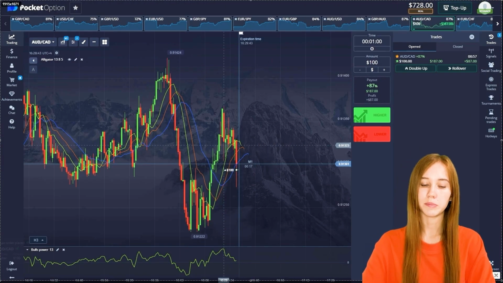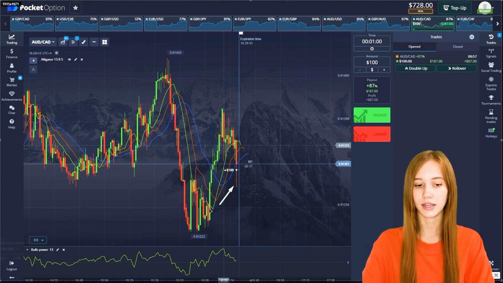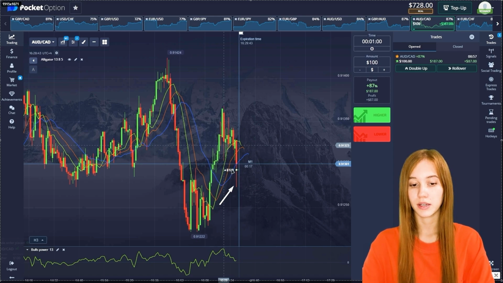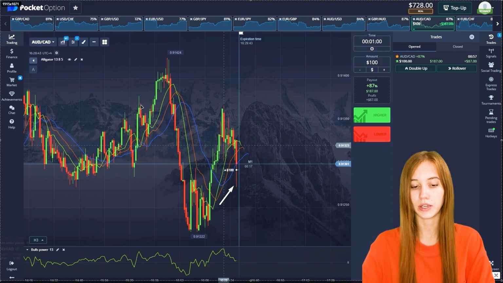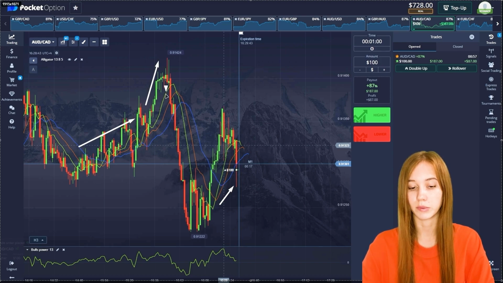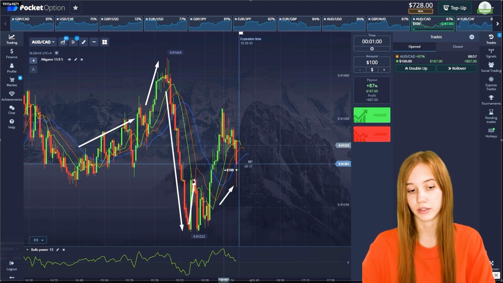At the moment of opening, we see a shadow below. This indicates that the market will roll back down. But if you look at the picture, so why did this happen? Firstly, there was a rapid growth. It happens little by little. Then they short sharply.